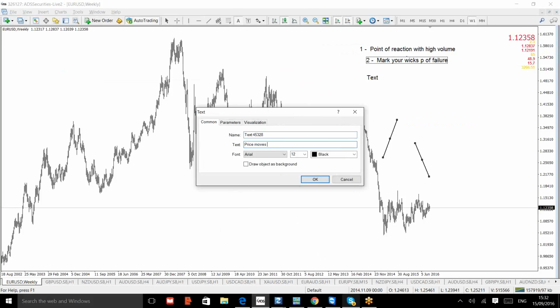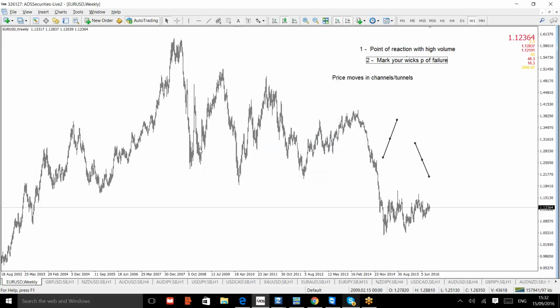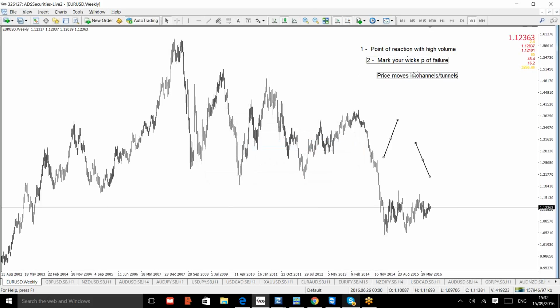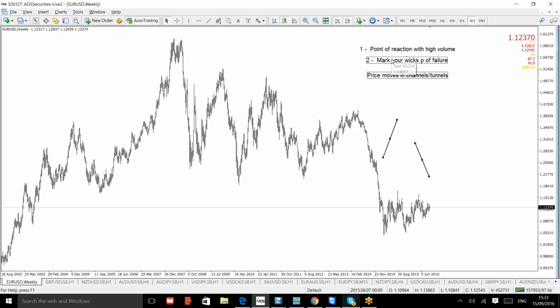Price moves in channels, tunnels. It's significantly important, guys, before you go on marking support and resistance on up and down trends. The price moves within channels. You need to understand the price always moves within channels.